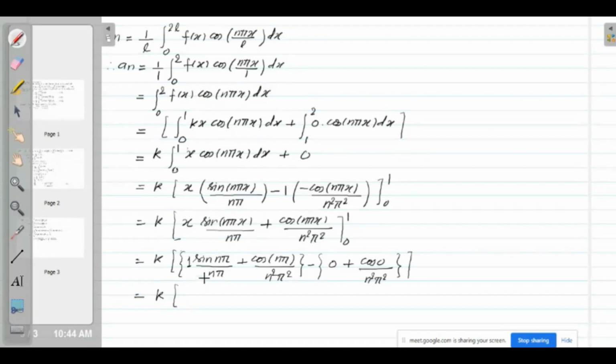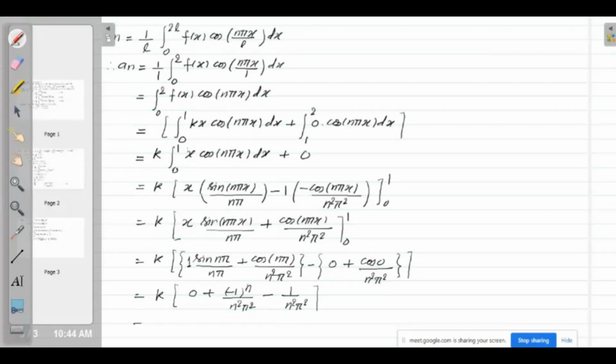Sine of a multiple of pi is 0, so this will be 0, and plus cos of a multiple of pi is minus 1, so this is the general term. So this becomes minus 1 raised to n, divided by n squared pi squared, and minus, and multiplying inside, cos 0 is 1, so this is 1 upon n squared pi squared.